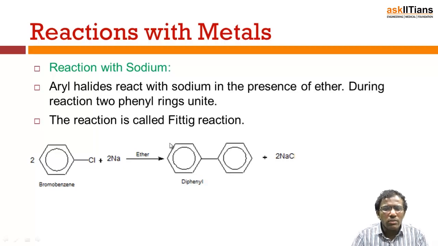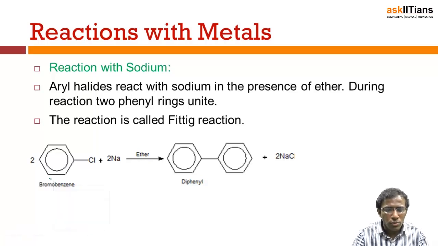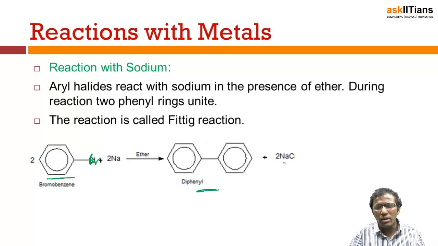Let's see what happens when it reacts with sodium. Aryl halides react with sodium in the presence of ether, which we take as the solvent in many of the reactions, as it is widely used. During this reaction, two phenyl rings unite. I am taking two molecules of bromobenzene; the two phenyl rings unite and produce diphenyl along with NaCl or NaBr.